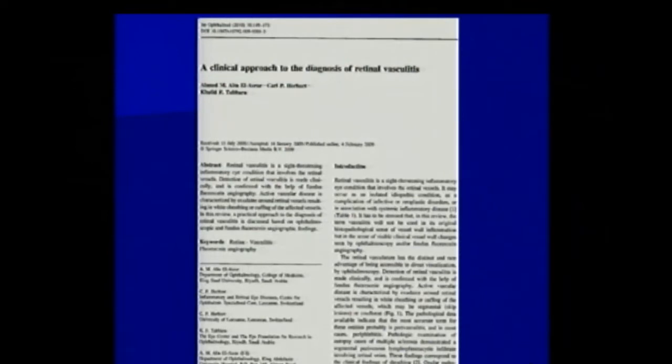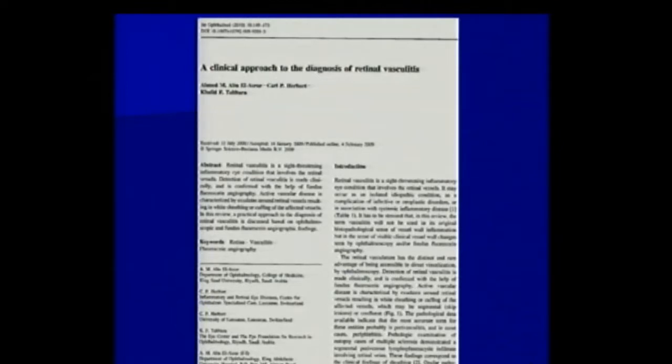To give you an idea of how confusing it was, one of our colleagues, Dr. Manfred Zierhut, now the editor-in-chief of Ocular Immunology and Inflammation, organized a one-day international workshop to discuss retinal vasculitis: definition, approach, differential diagnosis, and so on.